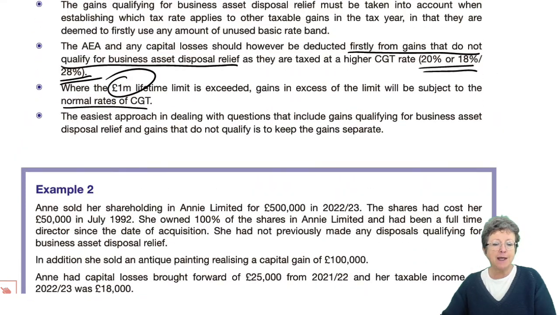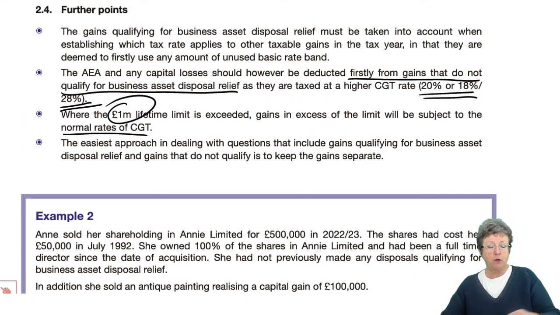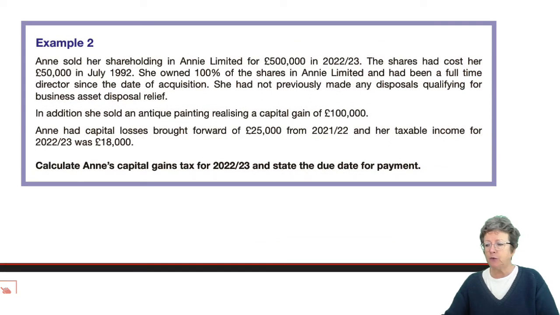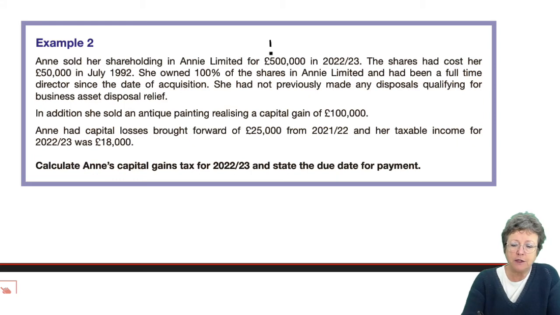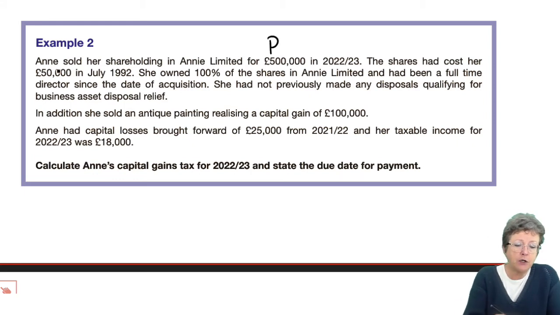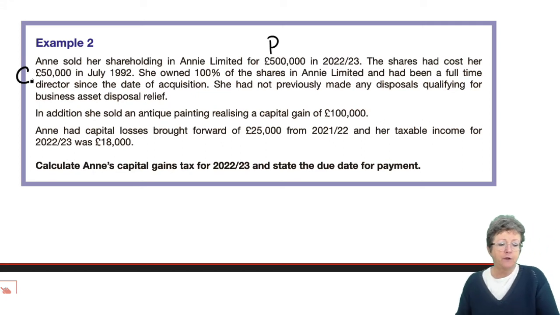Now, we've got an example which helps us to see how that works. Example number 2. Anna sold her business in Annie Limited for 500,000 in 22-23. So that's the proceeds. The shares had cost her that 50,000.